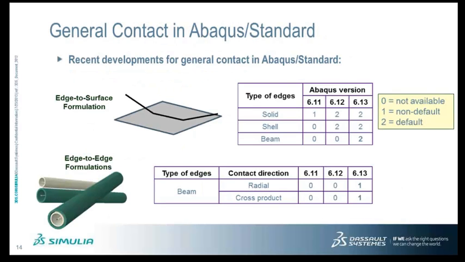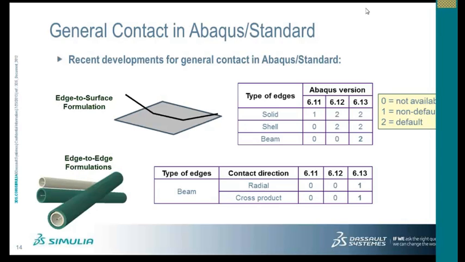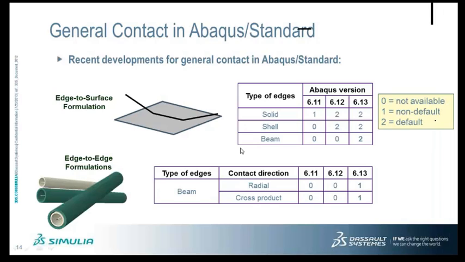We'll talk about general contact, focusing on Abaqus Standard. As Dale mentioned, I've been here for 15 years, and over those 15 years, contact has always been a heavy focus of Abaqus, and it continues to be. We continue to put out state-of-the-art leading technology in our contact. A number of releases ago, we first introduced general contact in Abaqus Standard.